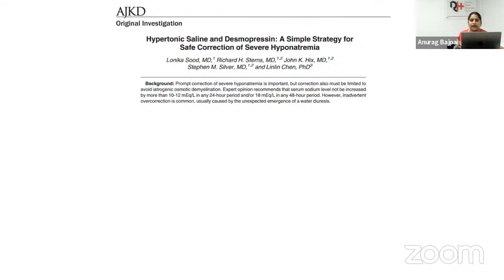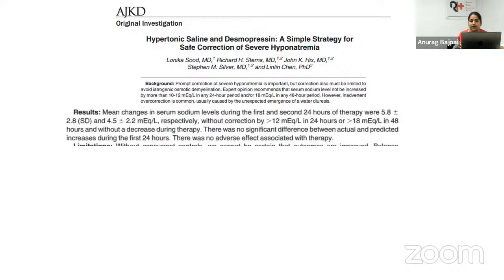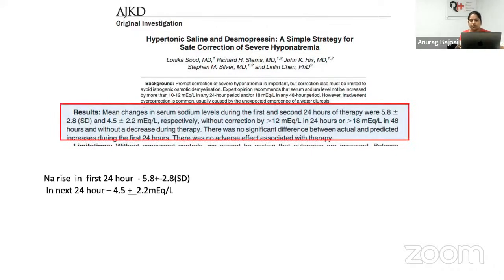Yes, sir. And this study was published in AJKD, which clearly showed that during the correction of hyponatremia, we should use hypertonic saline along with desmopressin, because it will not cause the rapid correction of the sodium. The sodium will rise in the first 24 hours by 5.8 milliequivalent per liter, and in the next 24 hours by only 4.5 milliequivalent per liter.